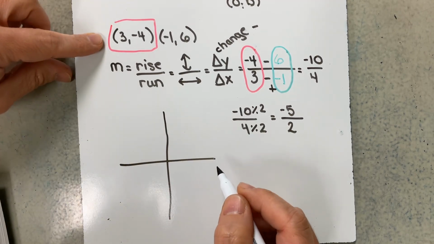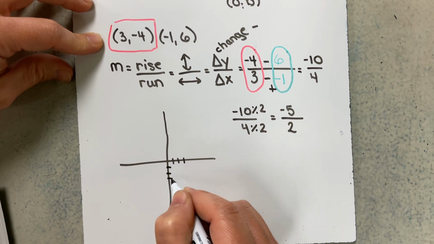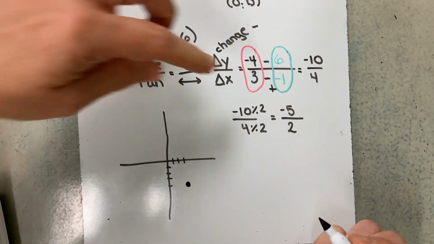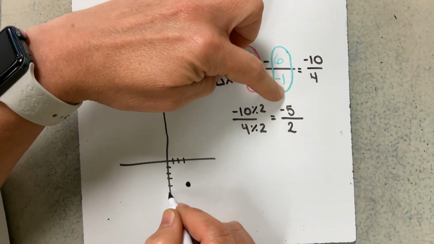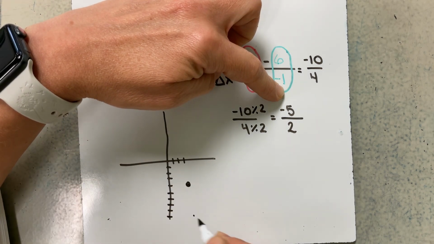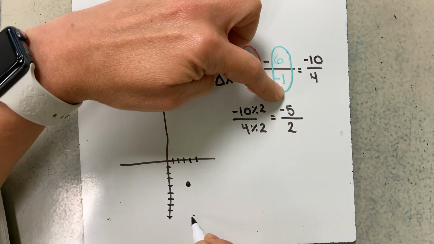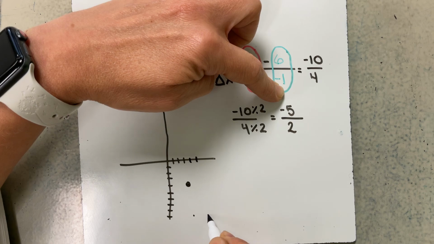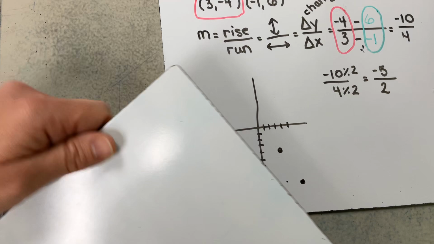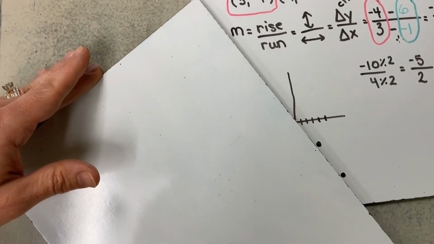I'm going to use just this point here. So when my x was 3, I had negative 4, so it looks like it's about there. Okay, now we're going to rise negative 5. That means 1, 2, 3, 4, 5 down. You can see why I probably want graph paper here. And I'm going to run positive 2. 1, 2. So it looks like about there. It's not real great, not very accurate. This is when you definitely want to have your graph paper.